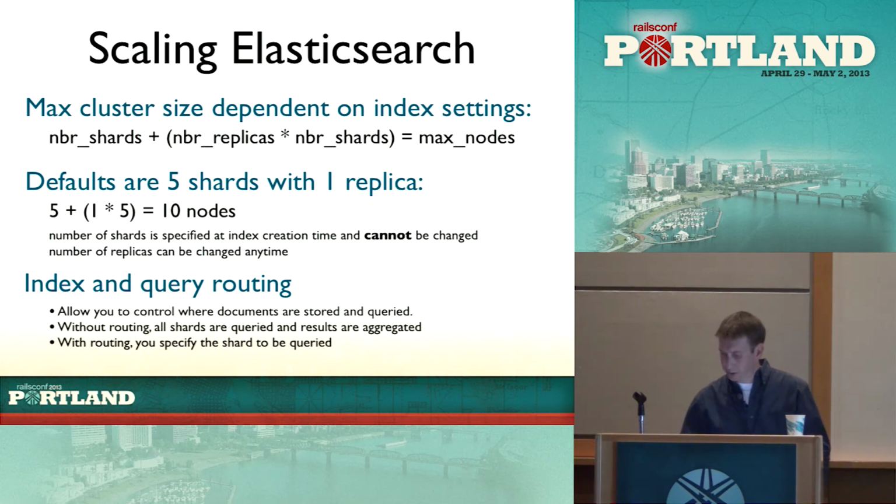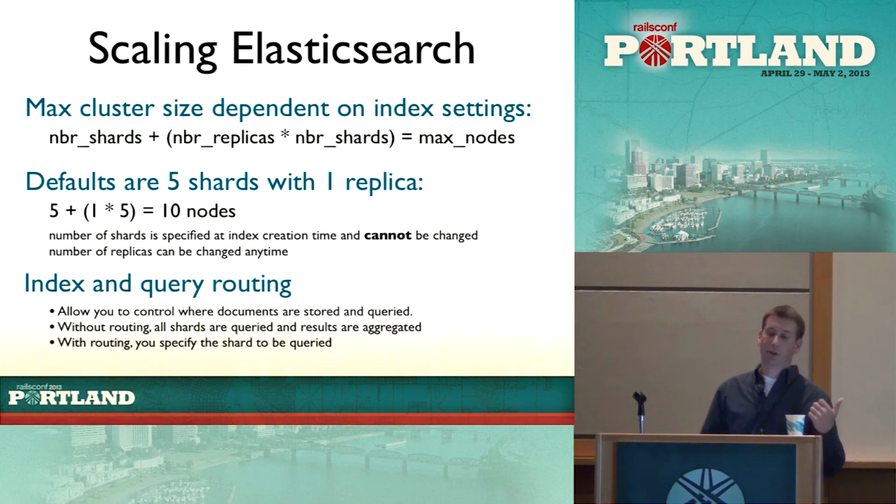And I want to touch a little bit on how you can scale Elasticsearch. There are whole talks just based upon this, so I'm not going to go into a lot of detail, but I want to basically make you aware of a couple items. So when you define your index, you're basically going to be restricting how many nodes that you can actually have inside your Elasticsearch cluster. And there's an easy way to figure this out.